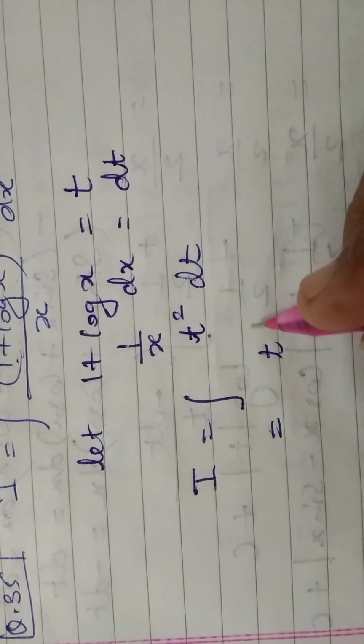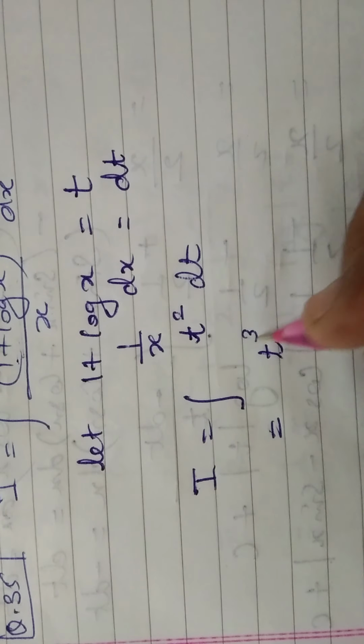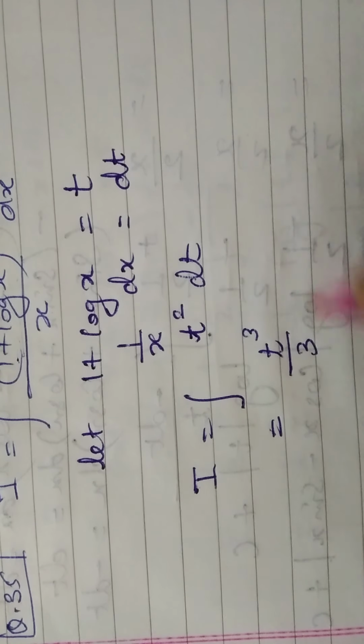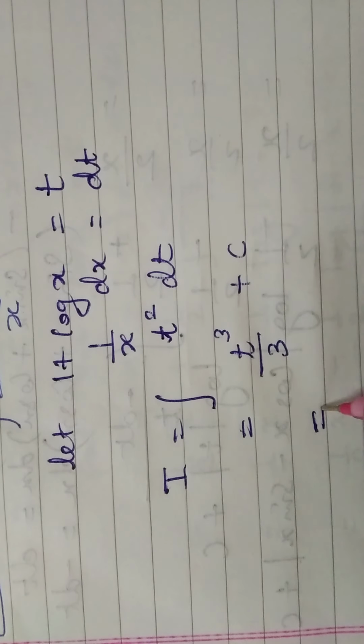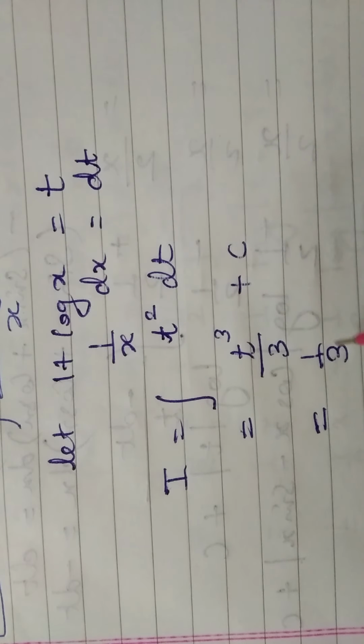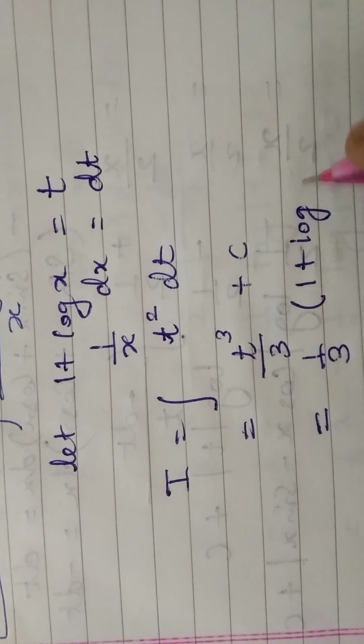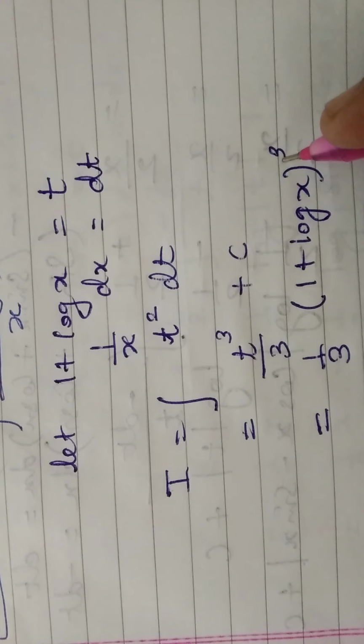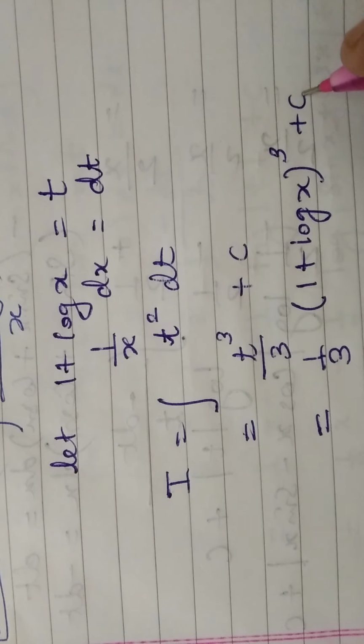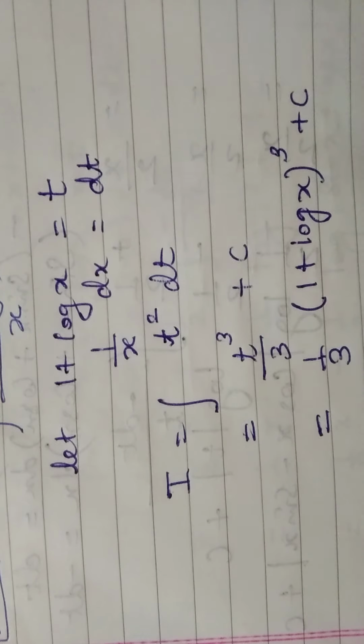I know integrating increases the power by 1. So 2 plus 1 is 3. So that is t cube upon 3 plus c. I'll resubstitute the value of t, which was 1 plus log of x, to the whole power 3, upon 3, plus the constant of integration c.